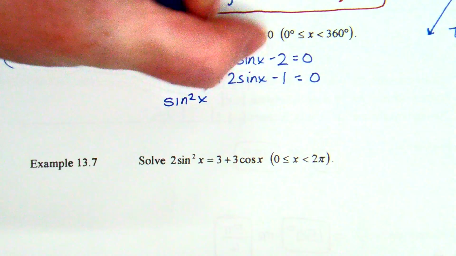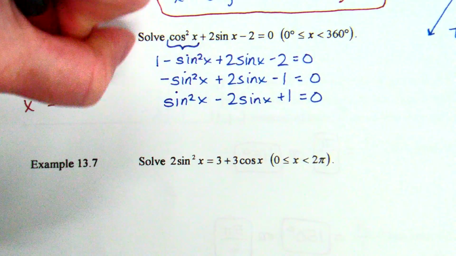I'm going to change this to make it sine squared x minus 2 sine x plus 1 equals 0. The equation I have written, sine squared x minus 2 sine x plus 1 equals 0, needs to be factored.